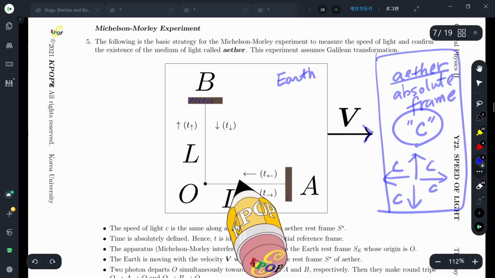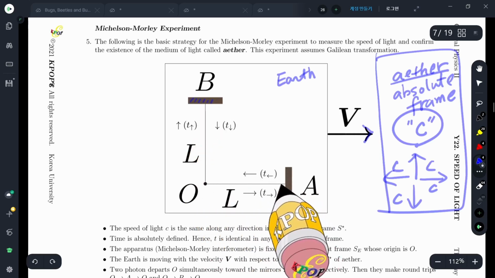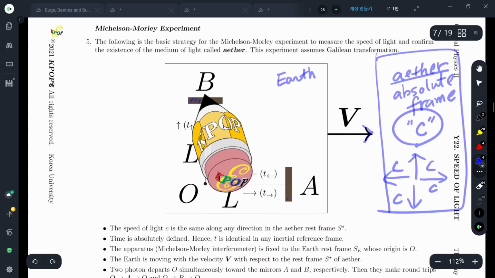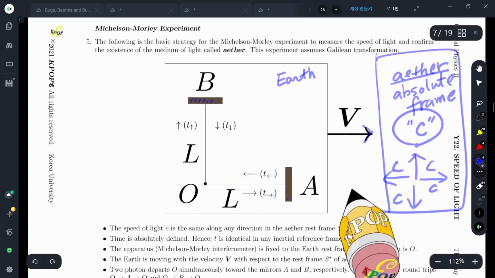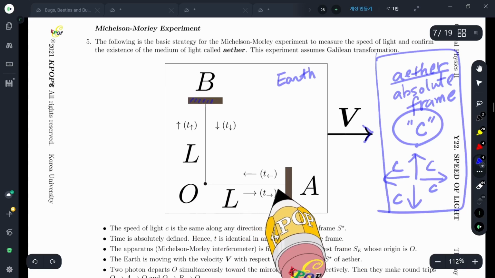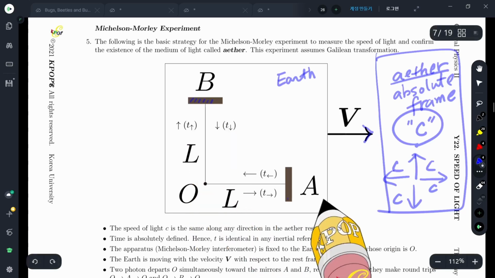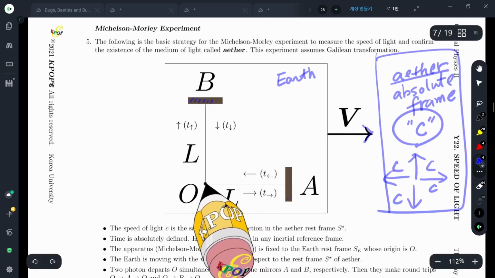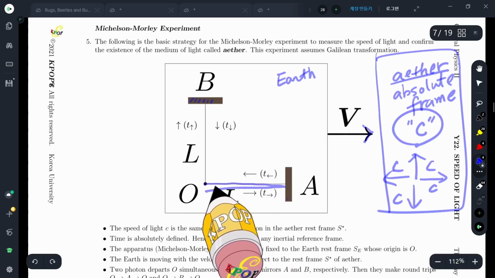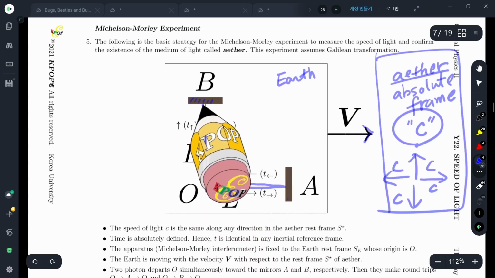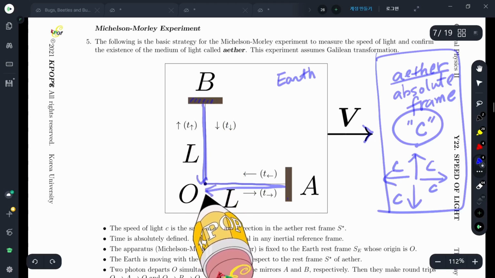The speed in the longitudinal direction and the transverse direction, if the length of each arm is the same, it would take the same time elapsed for the light to return from O to O. This transverse light returns to this.